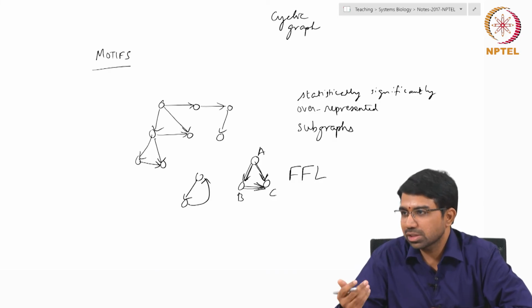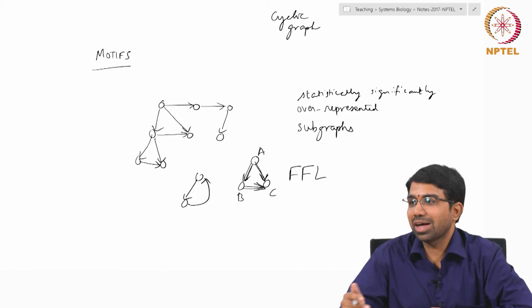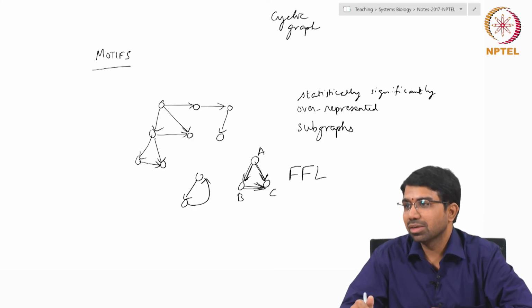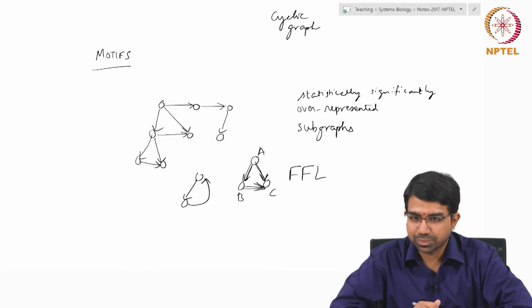You have a basal expectation of the outcome based on a fair dice, or a null model. So, what is the null model for this? We will look at it when we look at motifs.